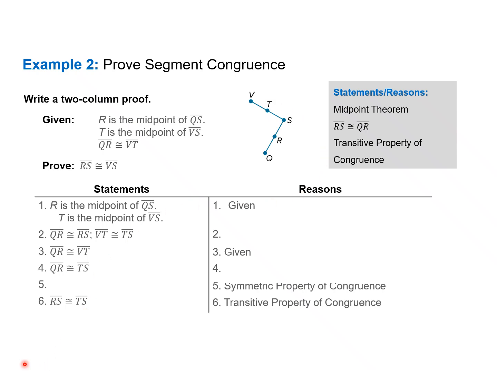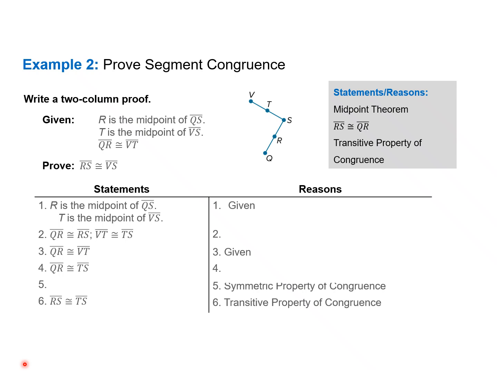Prove that line segment RS is congruent to line segment VS. So the first reason they've already given is the given. It says R is the midpoint of QS, T is the midpoint of VS, and of course that is given.